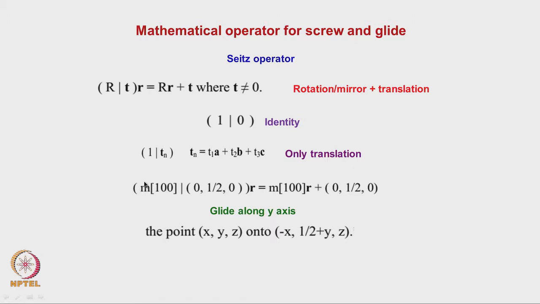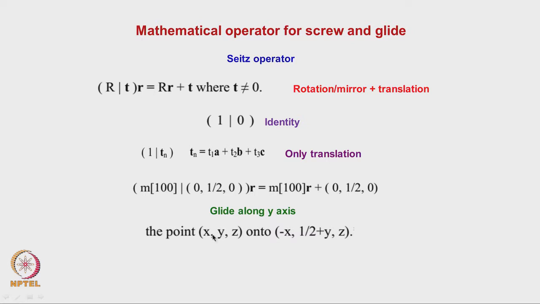Okay. Suppose we have a mirror, then it is the mirror, whatever axis you have to put it on. R is the position vector of the motif, plus the translation which is given.